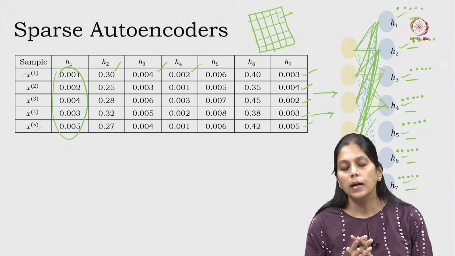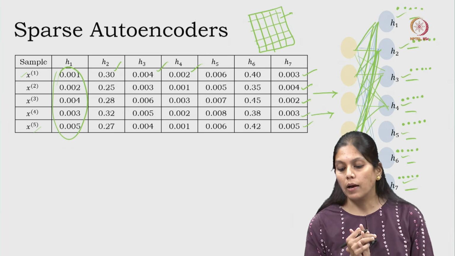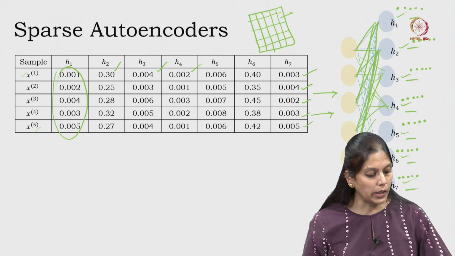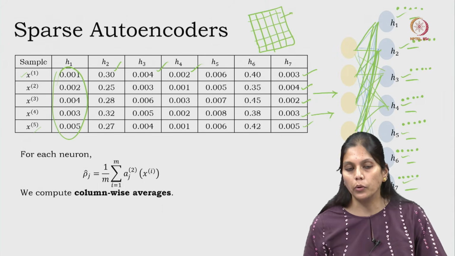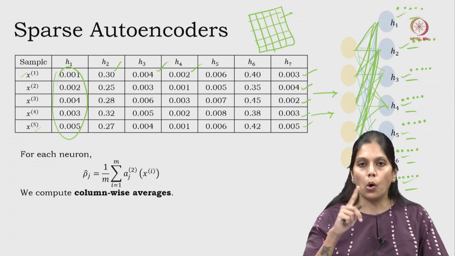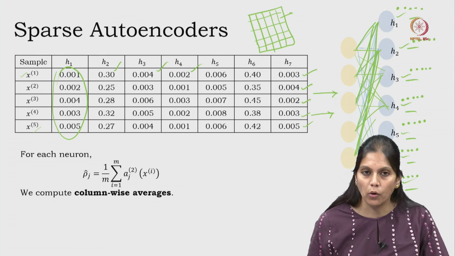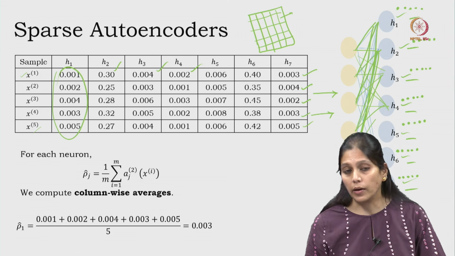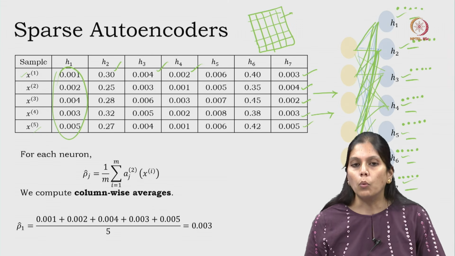Answer is yes. Because there are 5 such values, you should take an average of them. This is the formula to take the average: you add up all the activations and divide by the number of samples, so for this example you divide by 5.